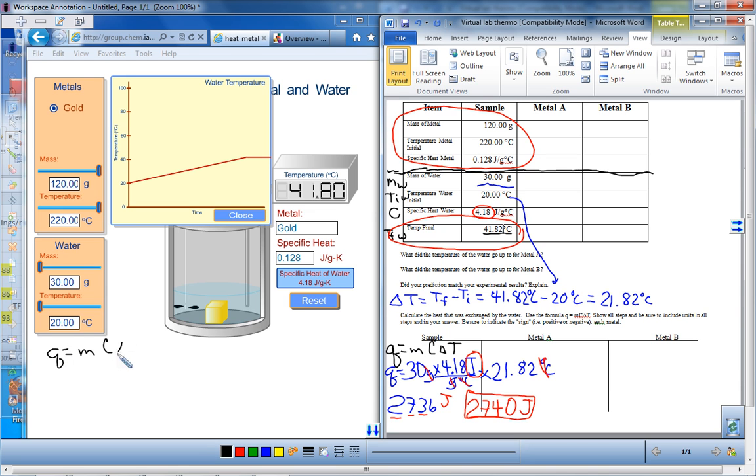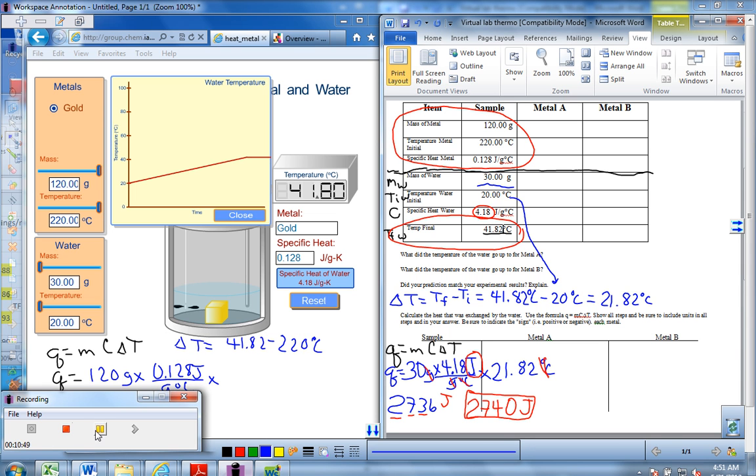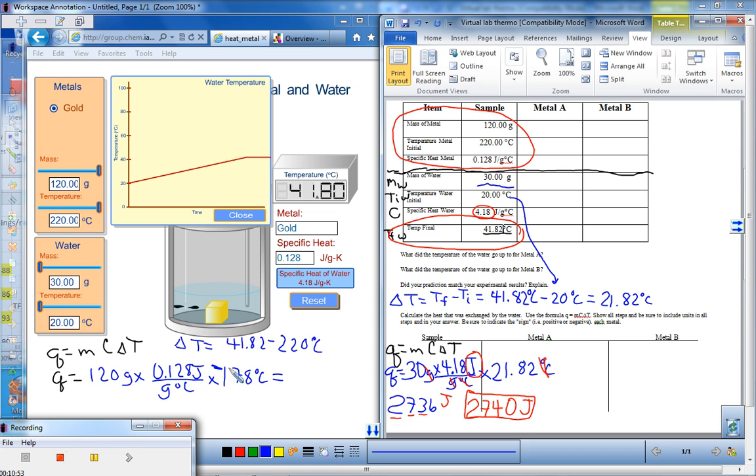Q is equal to... calculation for the temperature is negative 178 degrees C. So I'm going to put that right down here and do my complete calculation.